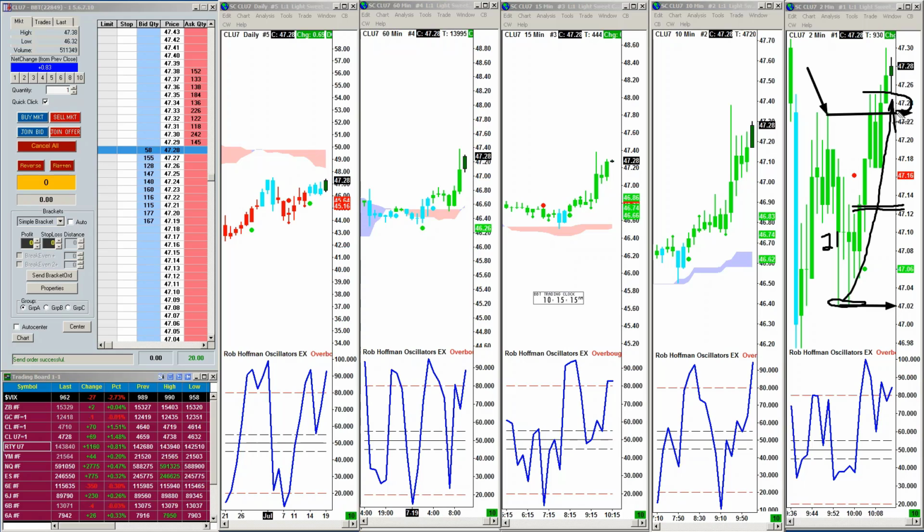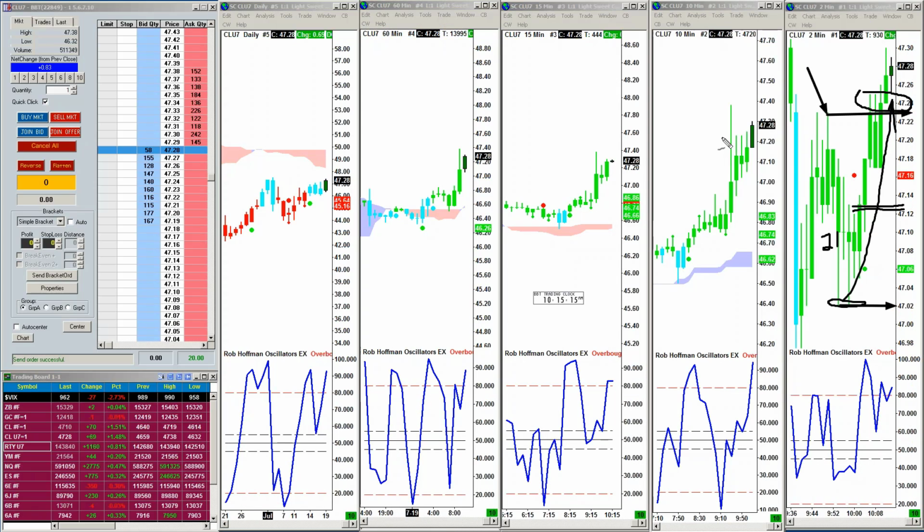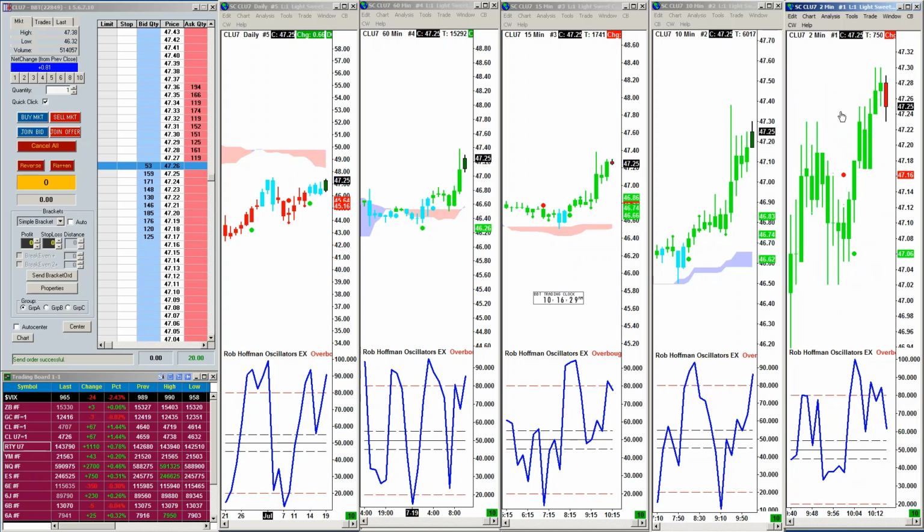Now it traded a handful of ticks my direction, but didn't break through. At that point I said, okay, listen, I've been patient. I've been giving this a chance to run, but my target was at least the 47.30, ideally back to 47.40.